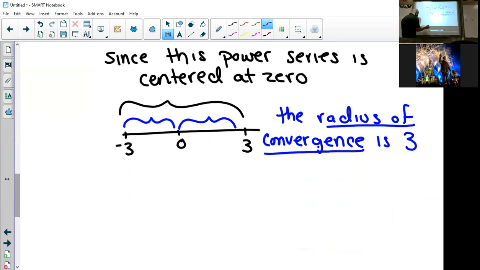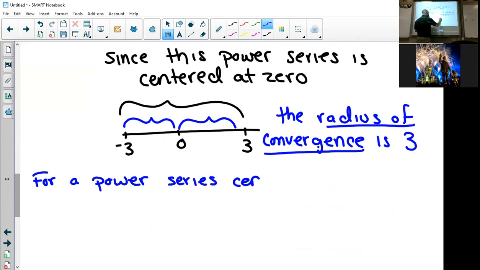But here's the thing: for a power series centered at C, one of the following is true.